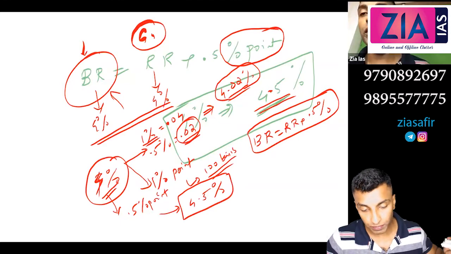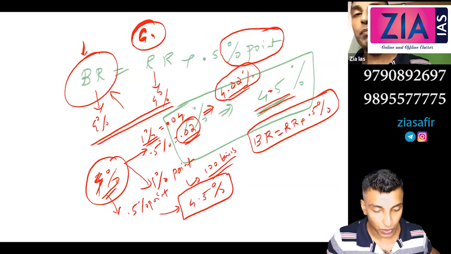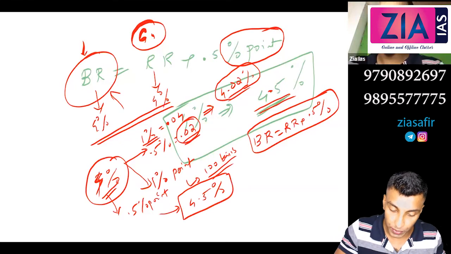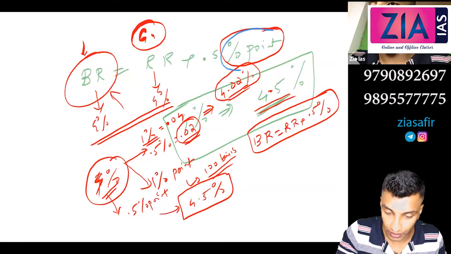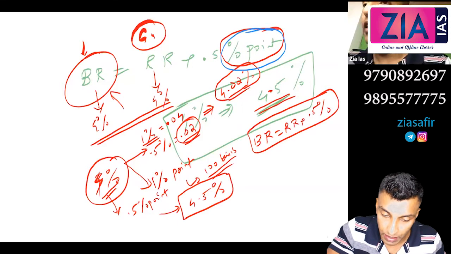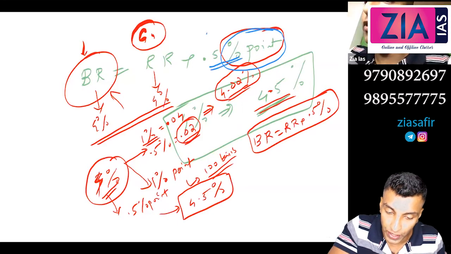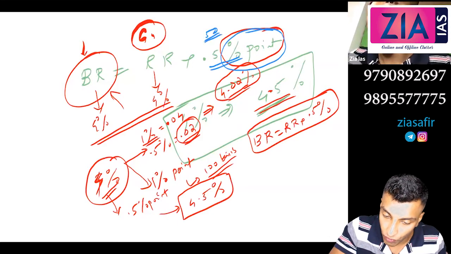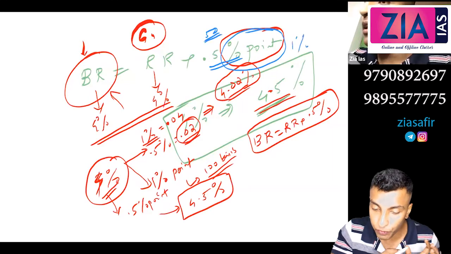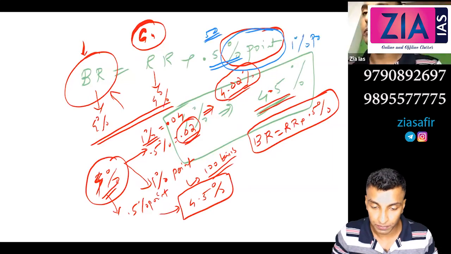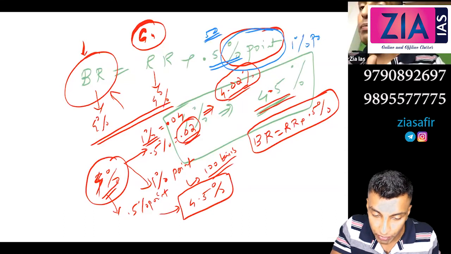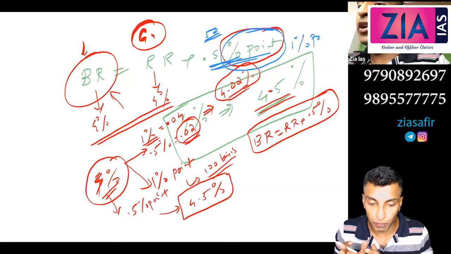Any doubt here? Many people have doubt here. So why am I saying this percentage point? When I am saying 0.5 percentage point, it is 50 basis points. When I am saying 1 percentage point, then 4 to 5 I can directly write. If I am saying 0.5 percentage point, I can say 4 to 4.5.